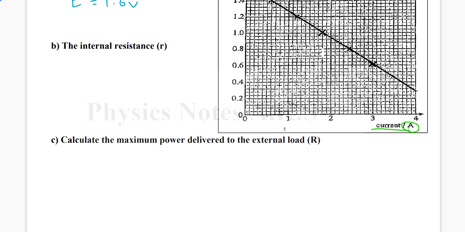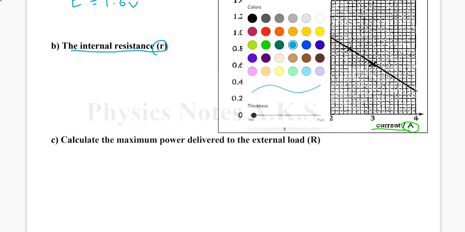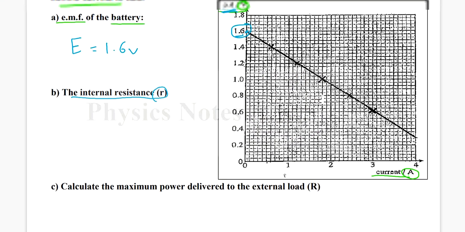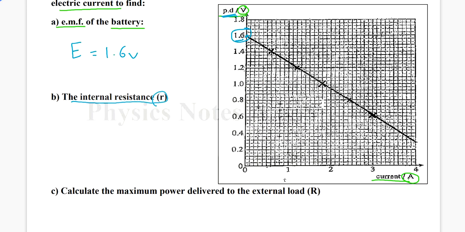In B, they want the internal resistance of the battery. We know from before that internal resistance is equal to the negative value of the gradient.